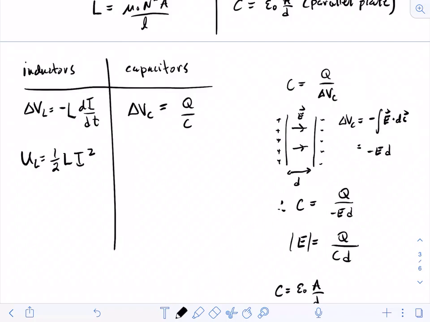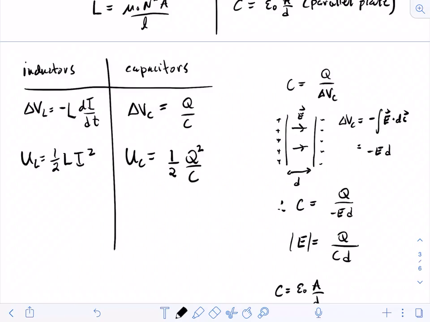The energy stored in a capacitor is the energy associated with that electric field, and one of the expressions was 1/2 Q squared over C.